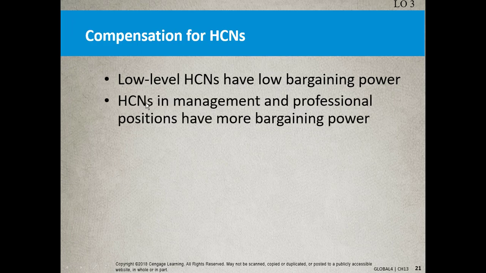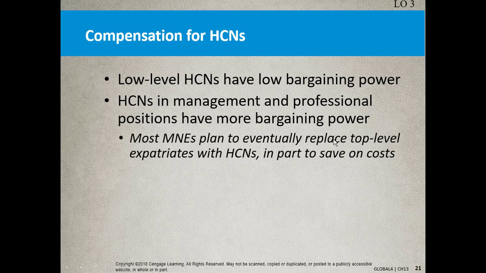Host country nationals in management and professional positions have more bargaining power than they do at low level. And most MNEs plan to eventually replace top-level expats with host country nationals, in part to save cost. I hope that makes sense.